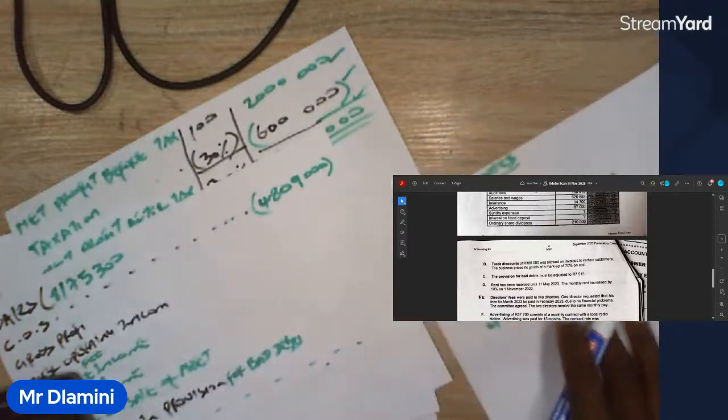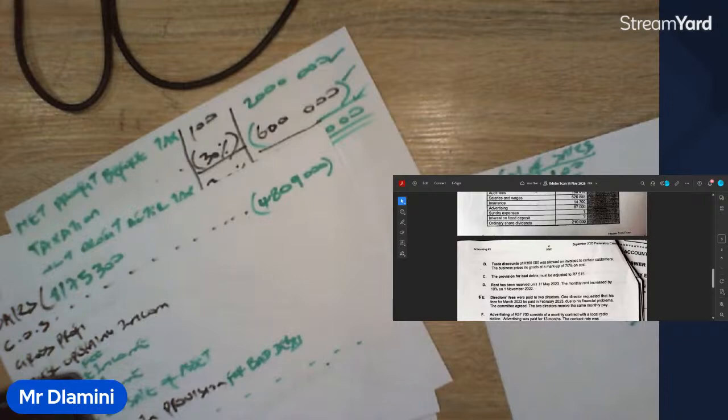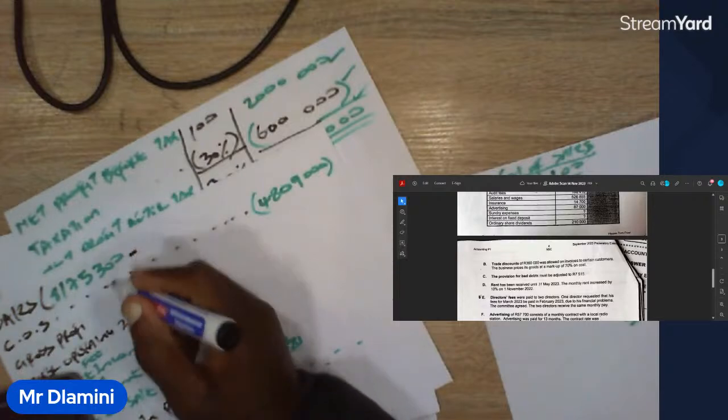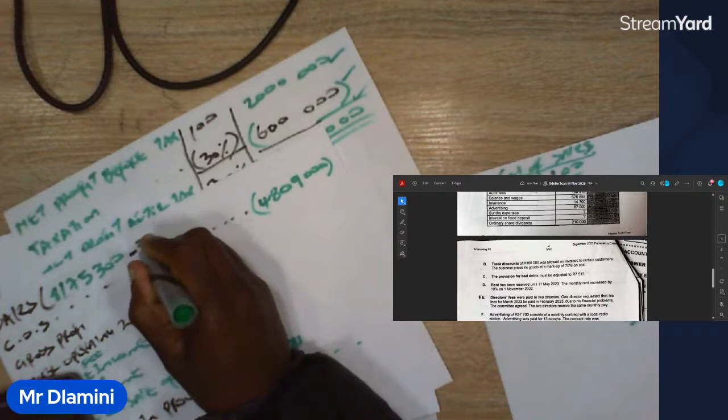So we have this one, and then we less the discount. We also less any data allowances. Let's check whether we have data allowances in the question. No, we don't have data allowances in the question. So we have only this discount of 36 that is on adjustment B. So we less that 360,000.